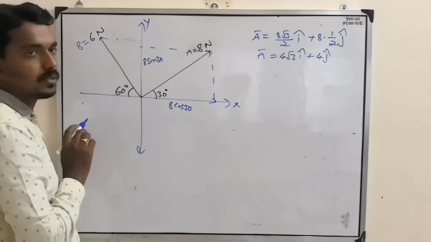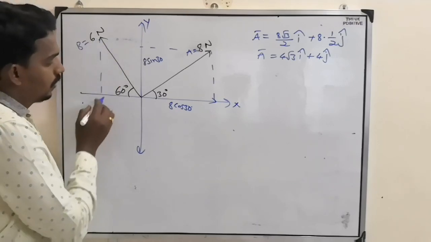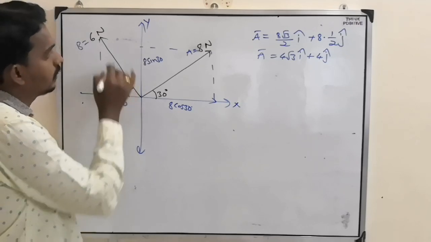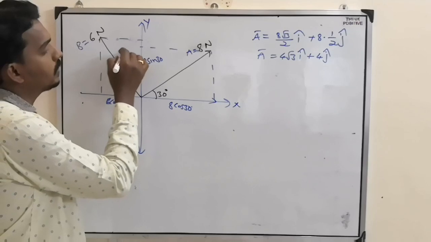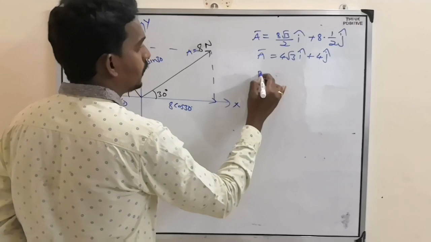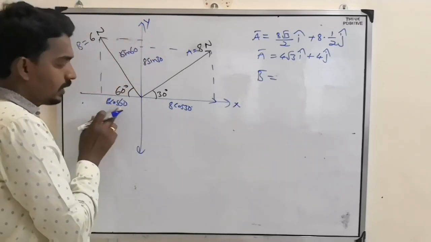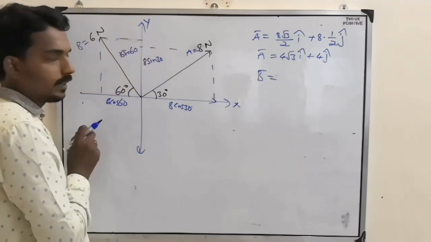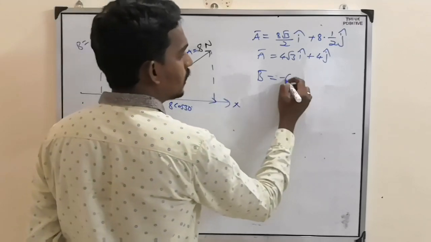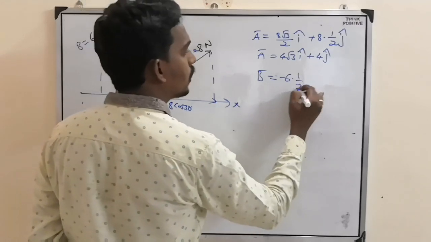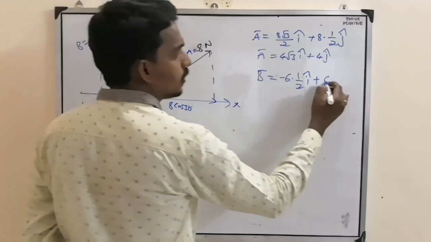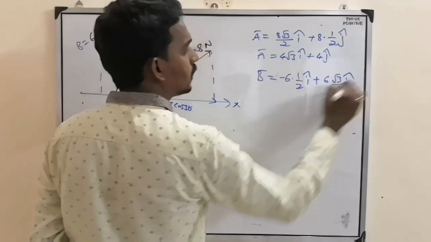Similarly B bar. So 6 Newton. Draw. One component is 6 cos 60 and the perpendicular component is 6 sin 60. Then B bar will become 6 cos 60 is the x component, but that is towards the negative x axis, so minus 6 cos 60, which is 1 by 2, i cap plus 6 sin 60 is along y, so 6 root 3 by 2 j cap.